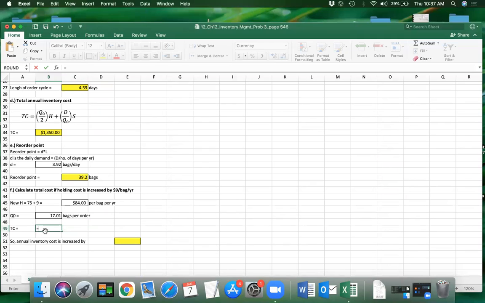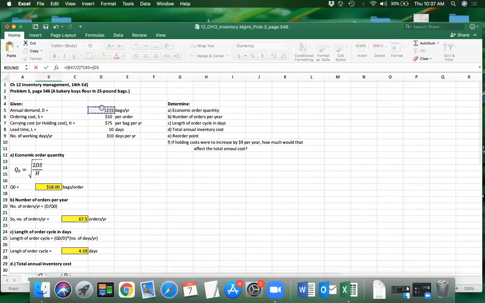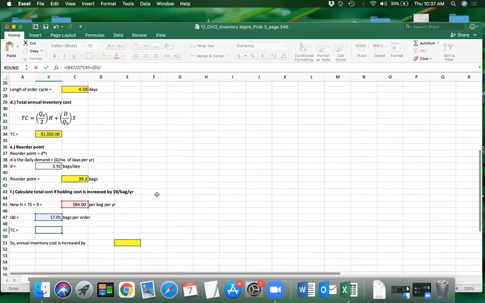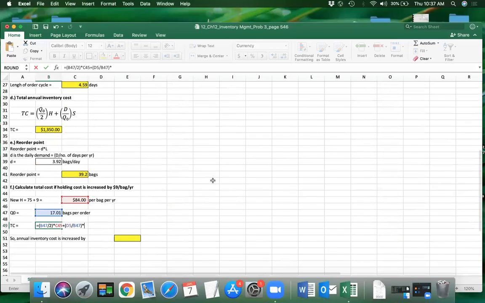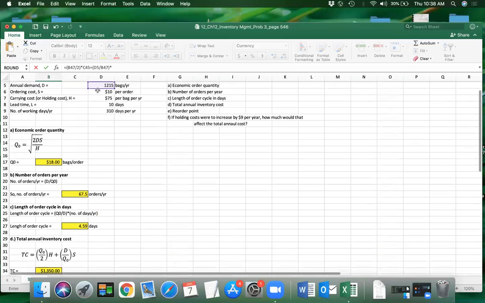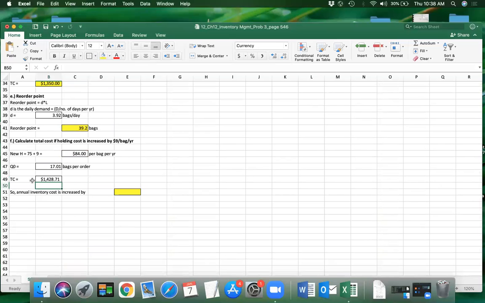That should be equal to economic order quantity divided by 2 times my new carrying cost, which is $84, plus annual demand divided by my new economic order quantity times my ordering cost, which is $10, and that should give me the new total cost.